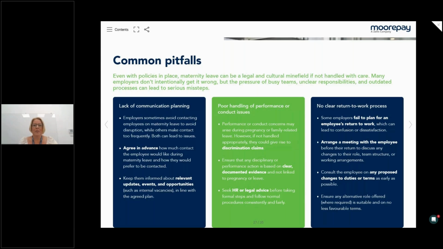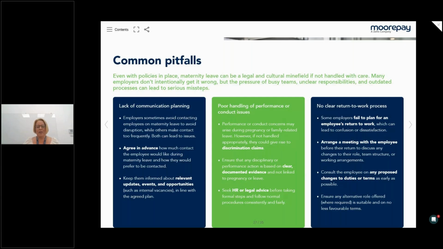So, communication is key, because this is what causes the most claims that we see on the advice line. So like I said, agree in advance communication, and make sure you diary in reminders to contact them, because we're all busy, and it is easy to, out of sight, out of mind, and then you don't mean to leave people out, but it can happen.